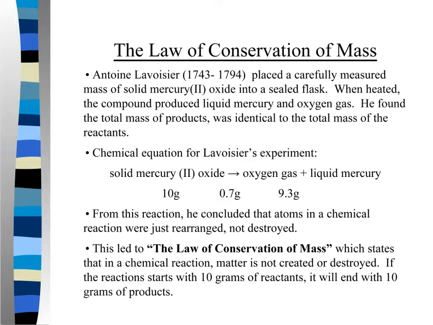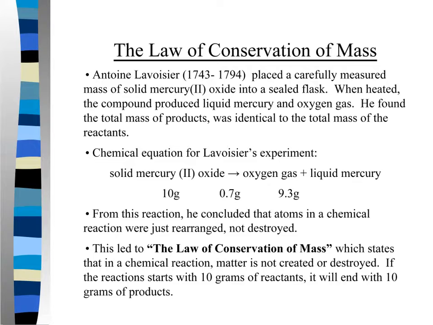So just to see the chemical equation for Lavoisier's experiment here, he had solid mercury oxide at 10 grams, and when the reaction went through it produced the products: oxygen gas at 0.7 grams, and liquid mercury at 9.3 grams.